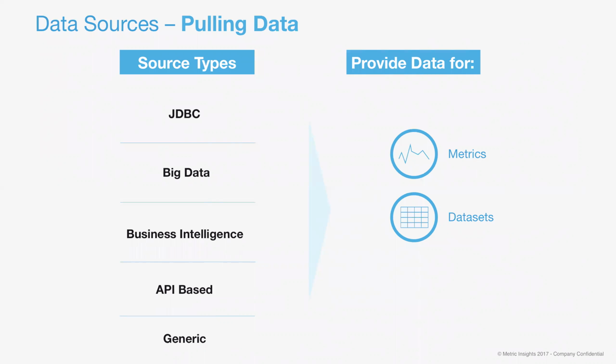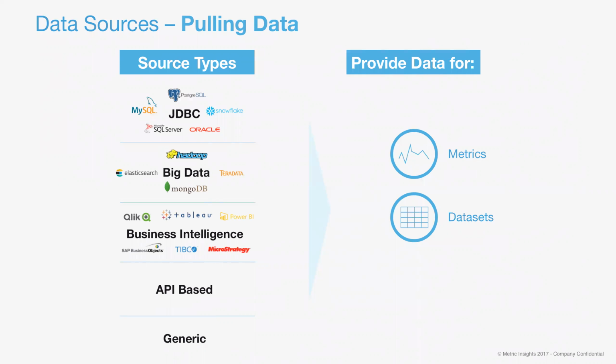The ways we can source metrics and data sets are through JDBC connections to your existing databases and data stores, things like MySQL, Oracle, whatever it might be. From big data sources where you have a big data initiative and platform in your organization. From existing dashboards and reports in your business intelligence tools, we can also source metrics and data sets.